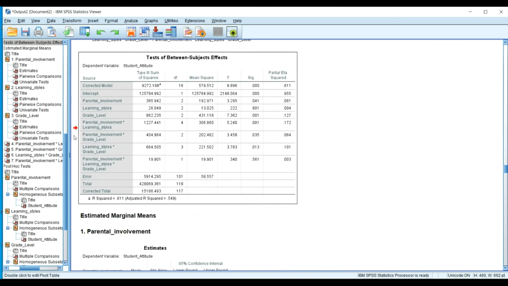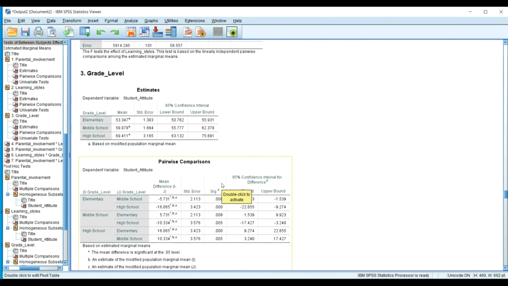The next one that we want to look at is grade level. The result shows that grade level contributes positively towards student attitude. So we head over to grade level. Looking at the estimates, you can see the means: 69.4 for high school, 58 for middle school, and 53.347 for elementary.